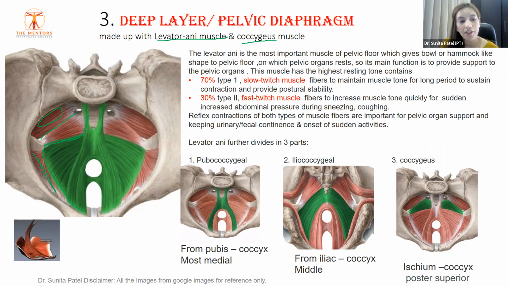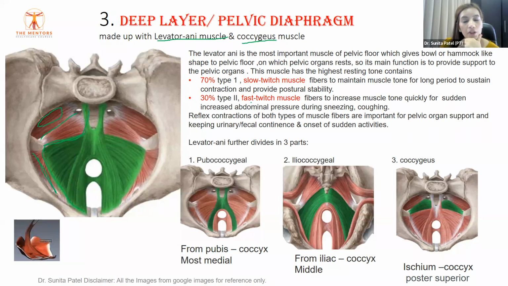But the levator ani fibers are mostly slow twitch. Slow twitch muscle fibers maintain muscle tone for a long period, sustain contractions and provide postural stability.